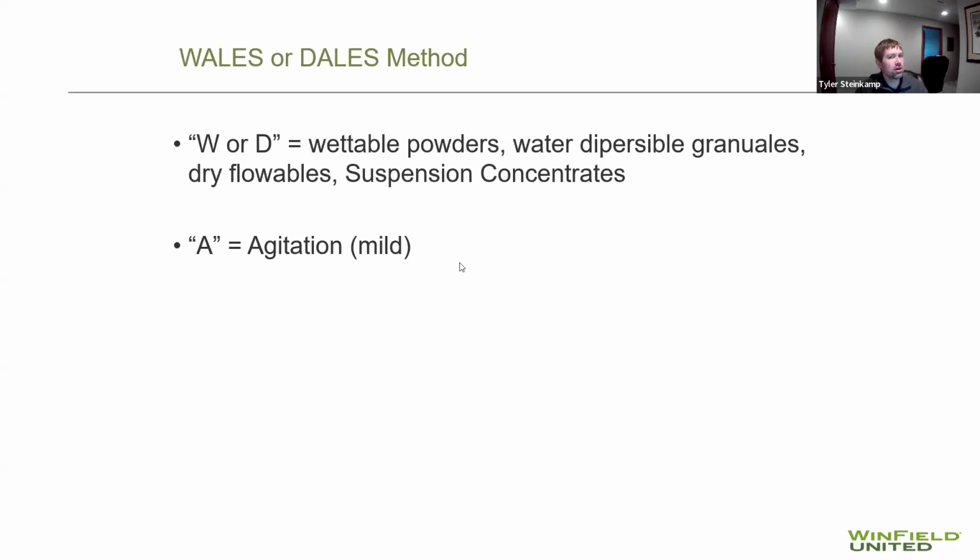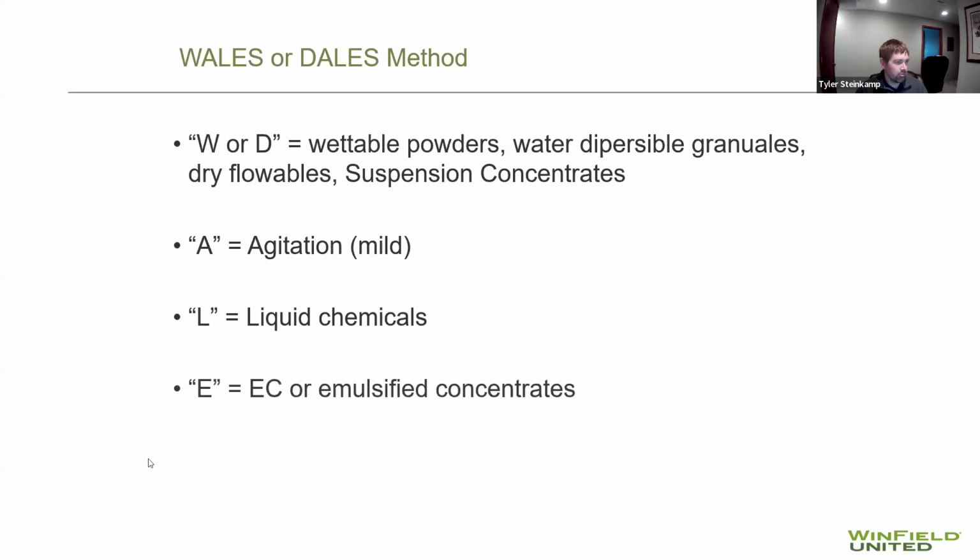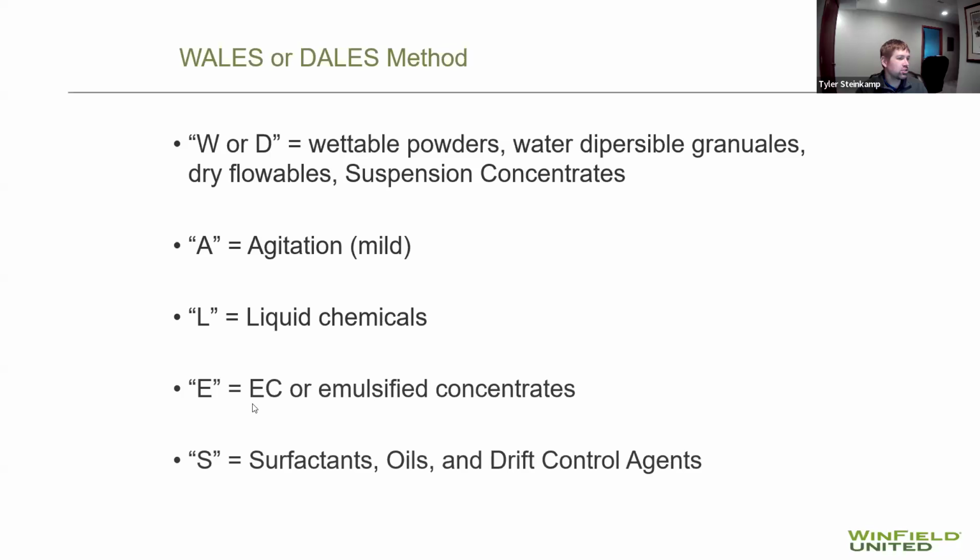So you don't want to be too aggressive, but we do want some agitation. Then we add our liquids, our emulsifiable concentrates, so our oils, and then our surfactants and drift control agents. Now, if you're having issues with surfactants mixing, I would move that surfactant up toward the beginning.